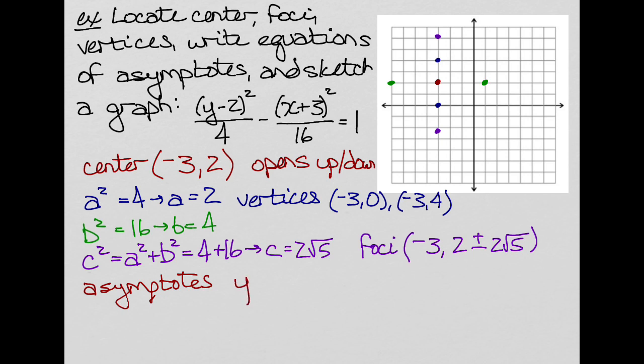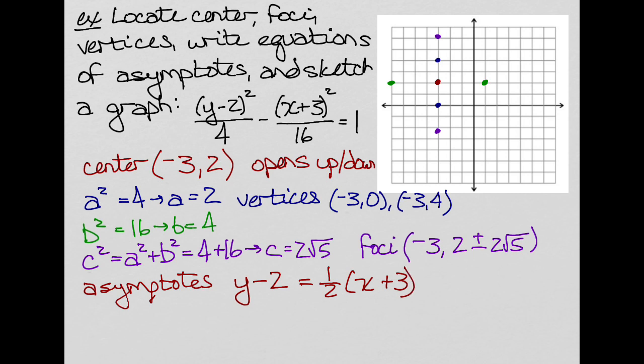I'm going to have y minus the y coordinate of the center, so that's y minus 2. You can just lift it out of the equation, equals the slope, which is a over b. A over b is 2 over 4, sounds like a half to me, times, and again from the equation, x plus 3, in parentheses, are important.